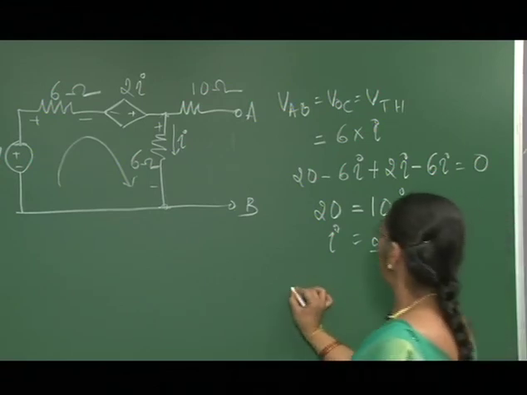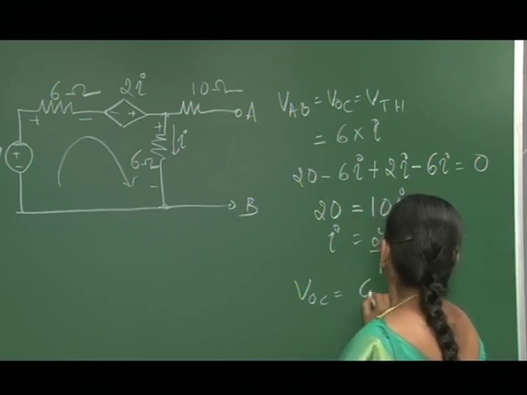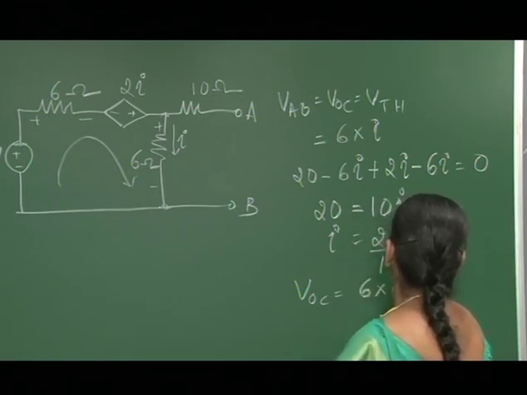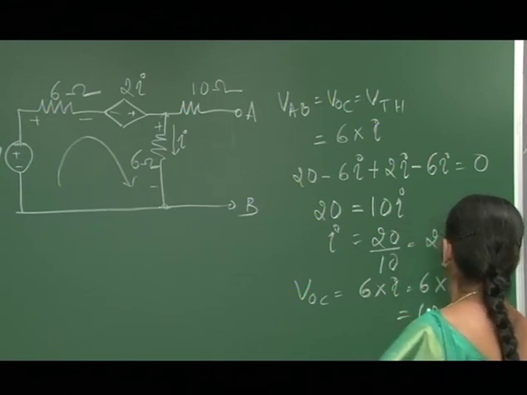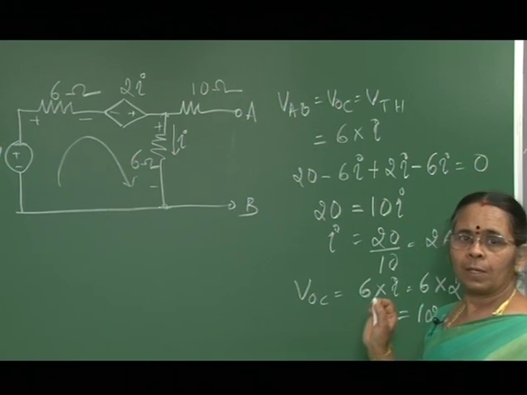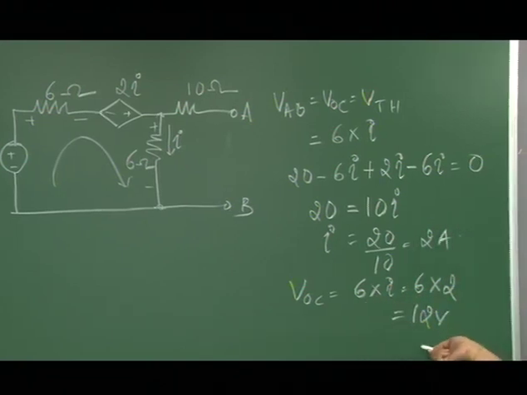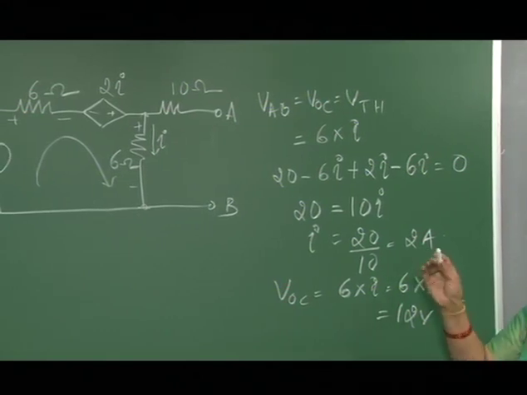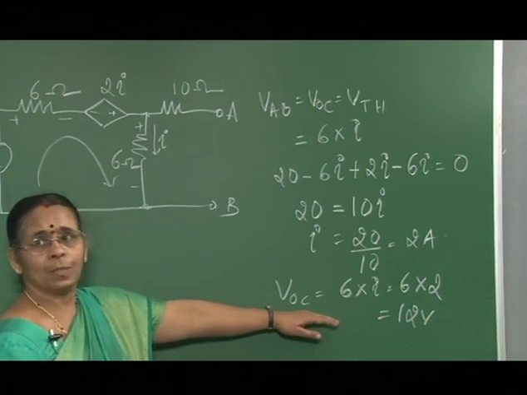Now we can find VOC, which is equal to 6 into I, or 6 into 2 amperes, which is equal to 12 volts.